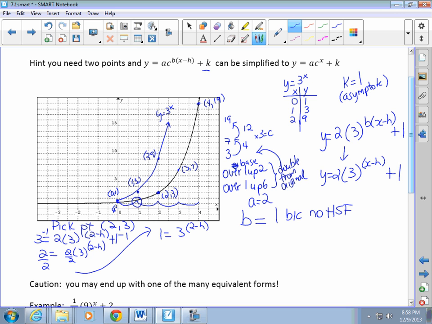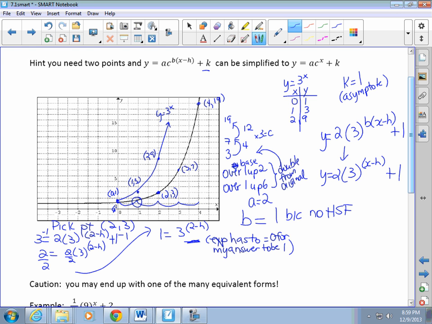In order for this side to equal 1, my exponent has to be 0.